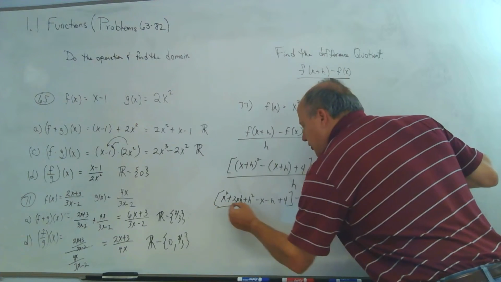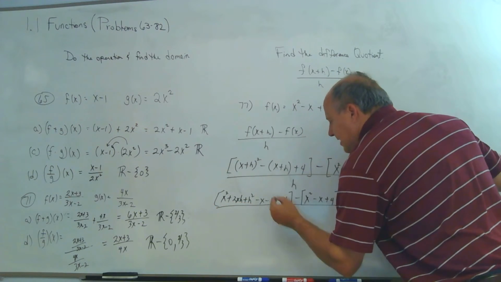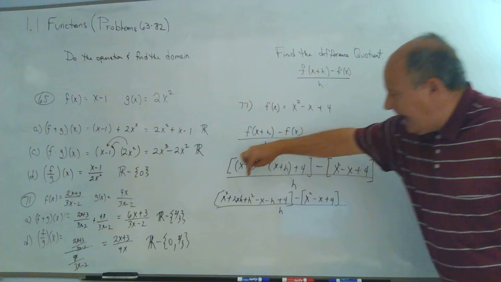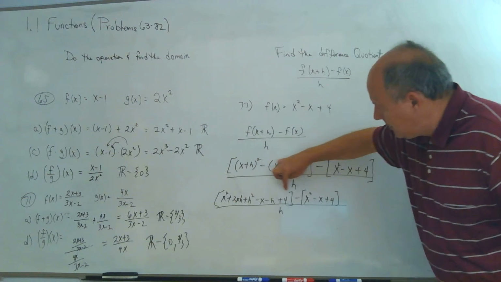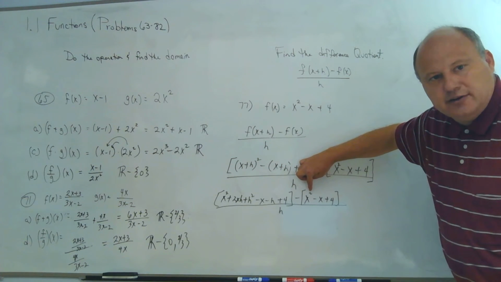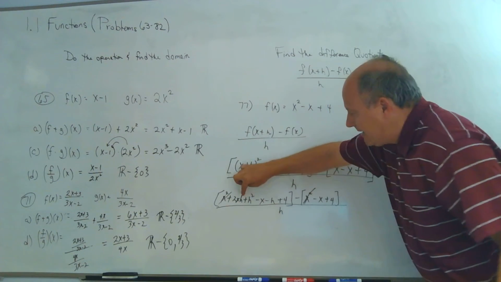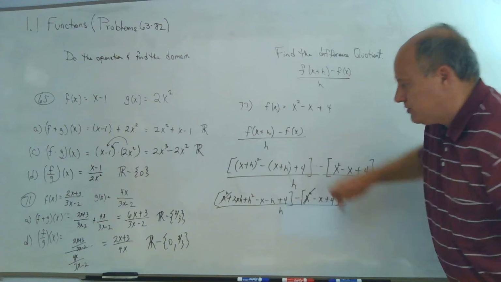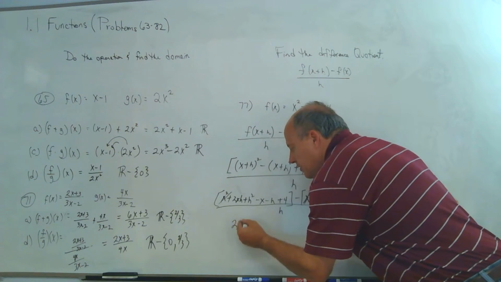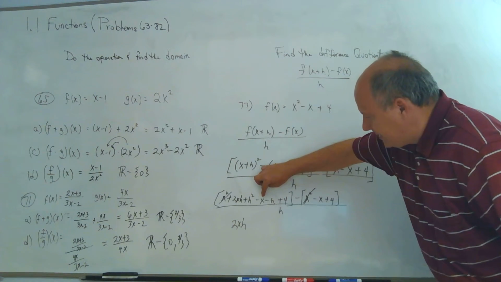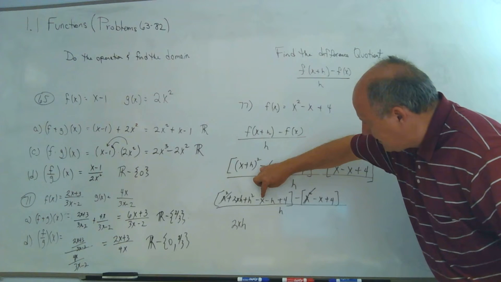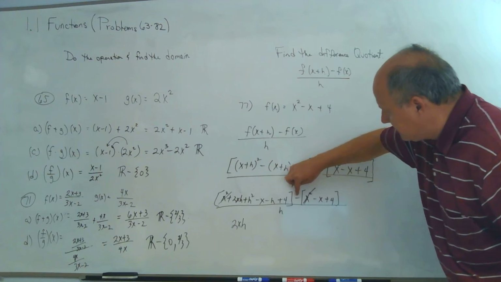Now, I'm going to go ahead and do the terms separately here. Let's see, x squared take away x squared cancels out. They're gone, so I don't have to worry about these. 2xh, this doesn't have an h, so it's just 2xh. Minus x, now here's again kind of tricky on us, negative x minus a negative x.